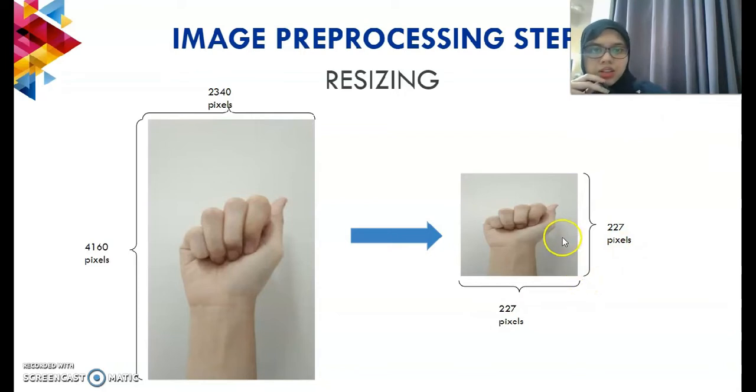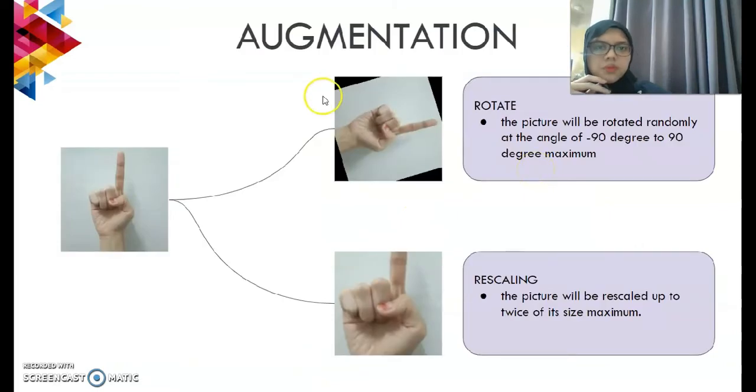So here I have resized the images. I also did augmentations on the dataset, which are rotations, scaling, and reflections. For the rotation, the picture will be rotated randomly at an angle of negative 90 degrees to 90 degrees maximum.